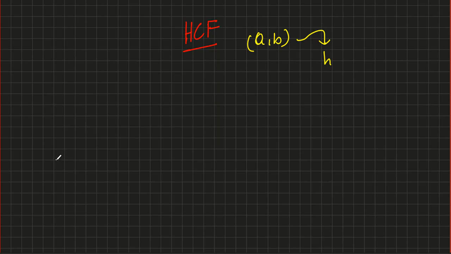So let me draw a number line here, 0, 1, 2, 3, 4, 5, 6, 7, 8, 9 and 10. Yeah, and suppose you are standing at 0 and there are two flags, one at 6 and one at 8.